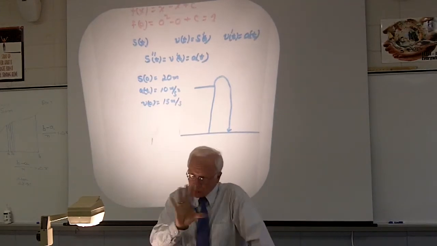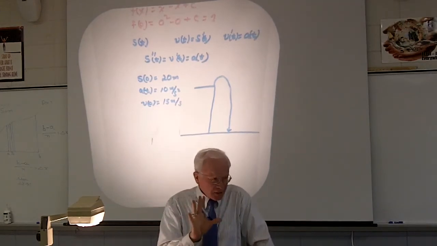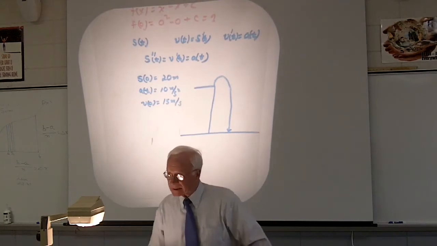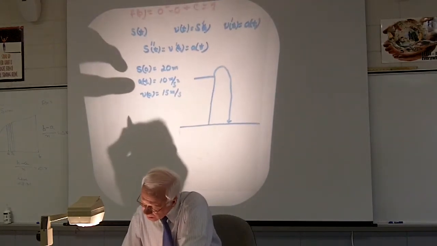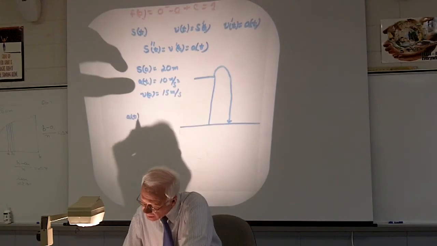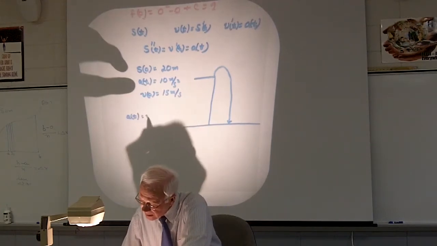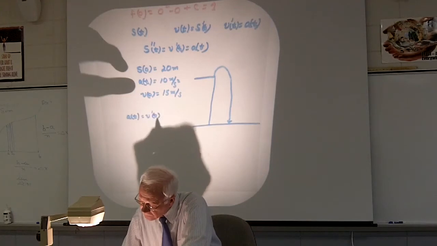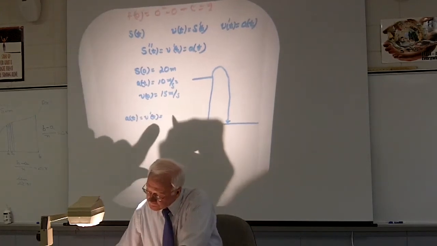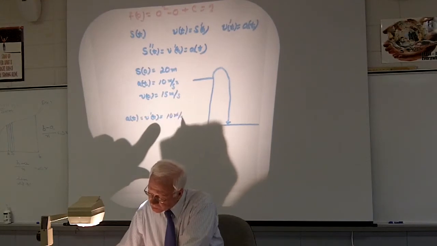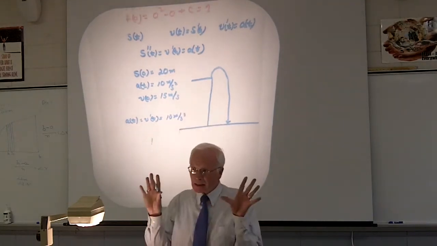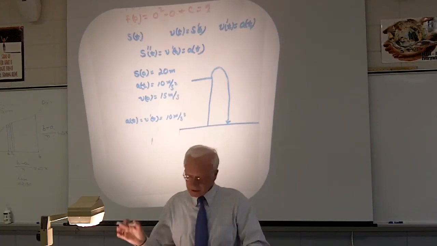Now, you are going to be able to just write the s-v-a formula here from what I've got. So I'm going to start here. I know that a at t is equal to v prime at t, which is equal to 10 meters per second squared. From now on, I'm not going to use units anymore for the rest of this problem.